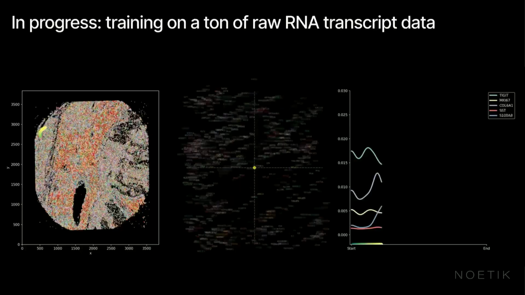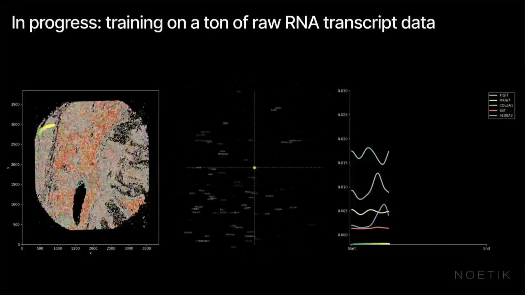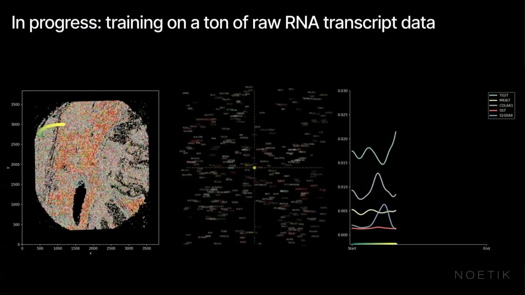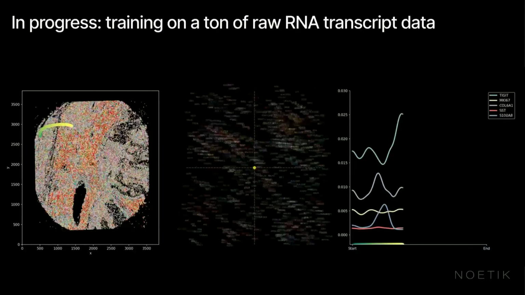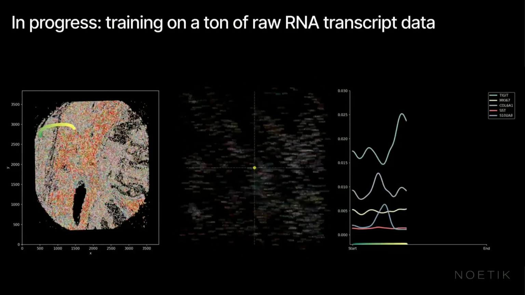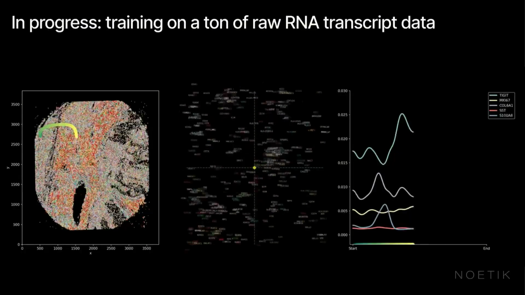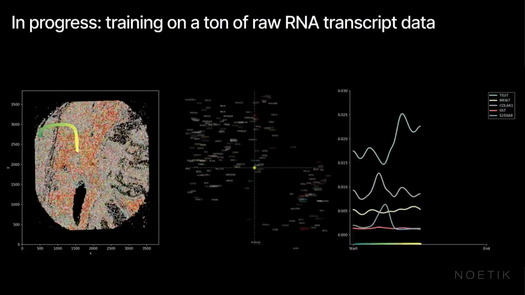We're training models that look at the local spatial context in this raw point cloud of RNA transcripts and predict what is going to happen at many points spatially in the sample. So we're breaking free of the need to think about cells as the atomic unit of simulating the biology, and going basically as close to the raw data as we can get.